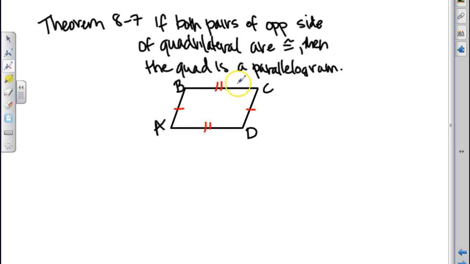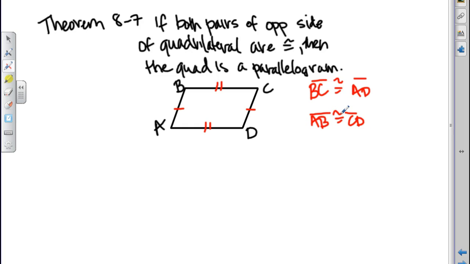If I circle around this, they would be one right after the other. Opposite sides don't touch, so opposite sides here are congruent. Opposite sides here are congruent. So if I had to write that out, I would say segment BC is congruent to segment AD, and AB is congruent to CD.